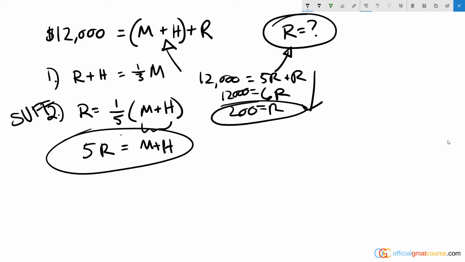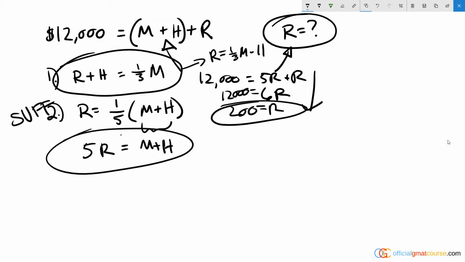Statement 1, on the other hand, we cannot get M plus H, and we cannot get R by itself in a way that would be usable in the top equation, because if I subtract H from both sides to isolate R, I get 1/3 M minus H. And the 1/3 is a big enough problem, but this minus sign in between is an even bigger problem.